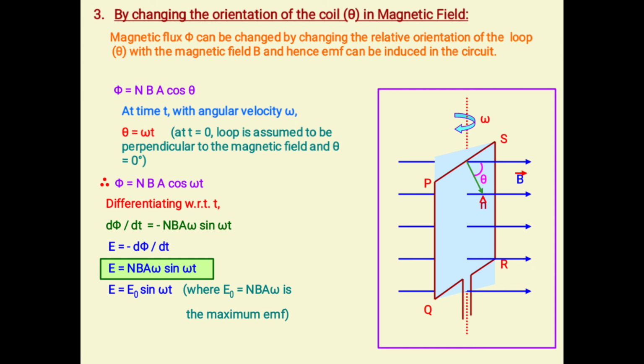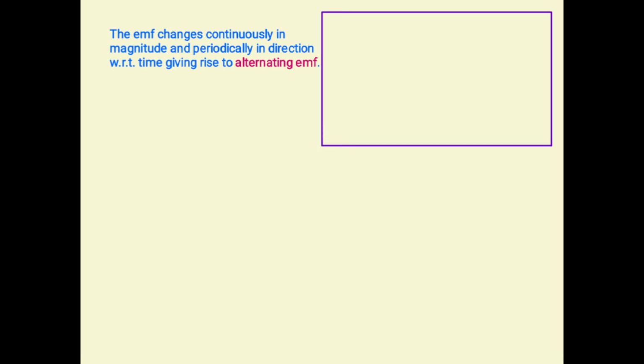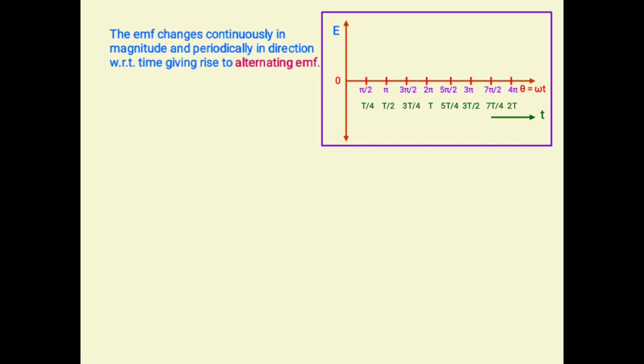Cos omega t is differentiated as sin omega t into omega, and E equals E naught sin omega t. That is the basic principle of the alternating generator. It produces alternating EMF which changes its direction after a certain interval of time, and it has values ranging from 0 to maximum.